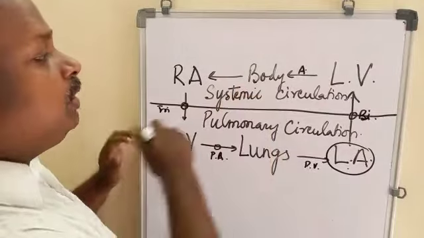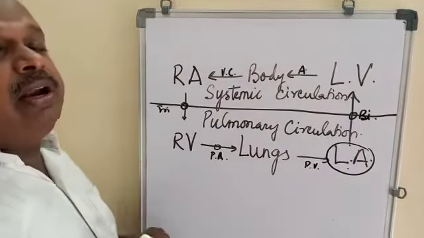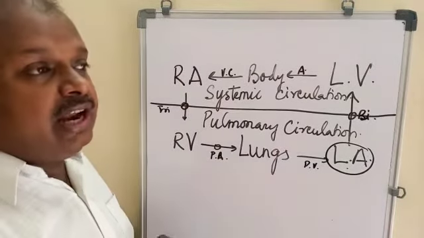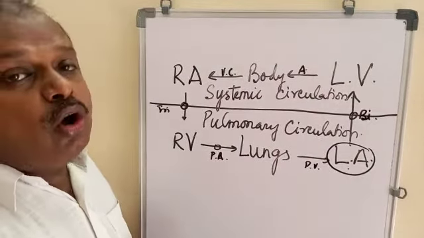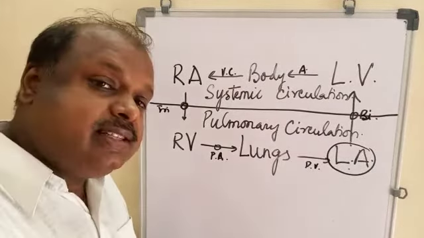And then from the body parts, with the help of the vena cava, the deoxygenated blood reaches the right auricle for oxygenation. So this process is called systemic circulation.